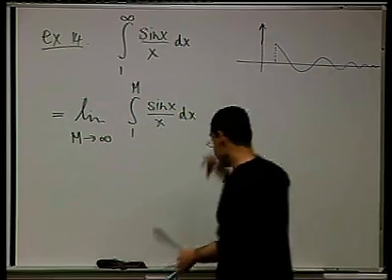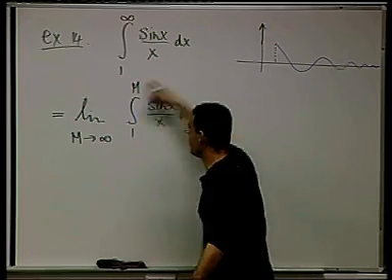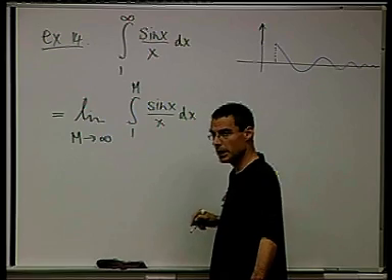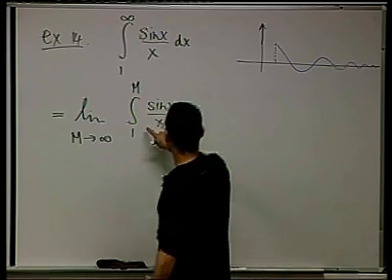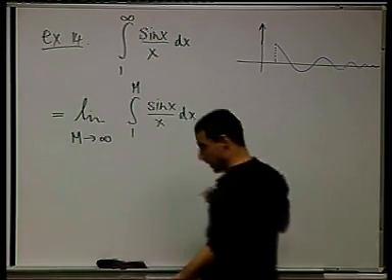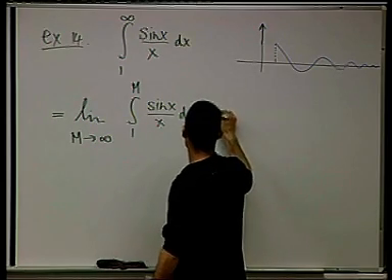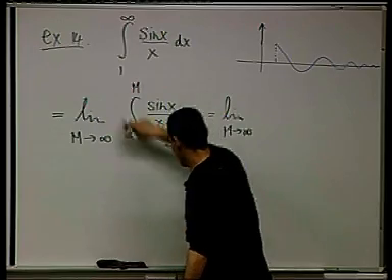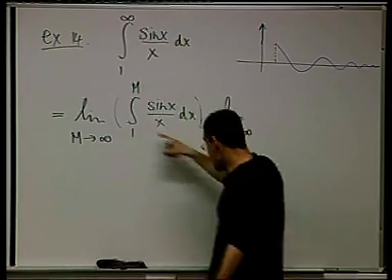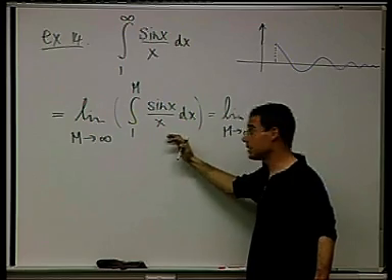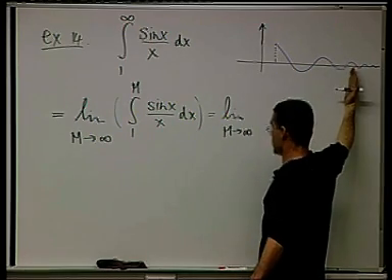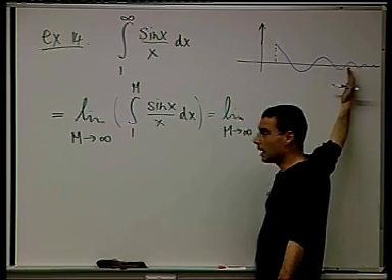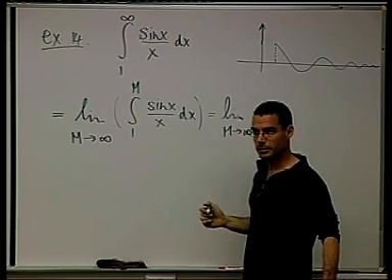Now I want to work on this thing. This is a regular definite integral, a bounded function on a bounded interval from 1 to m. I want to do integration by parts. I can do that.